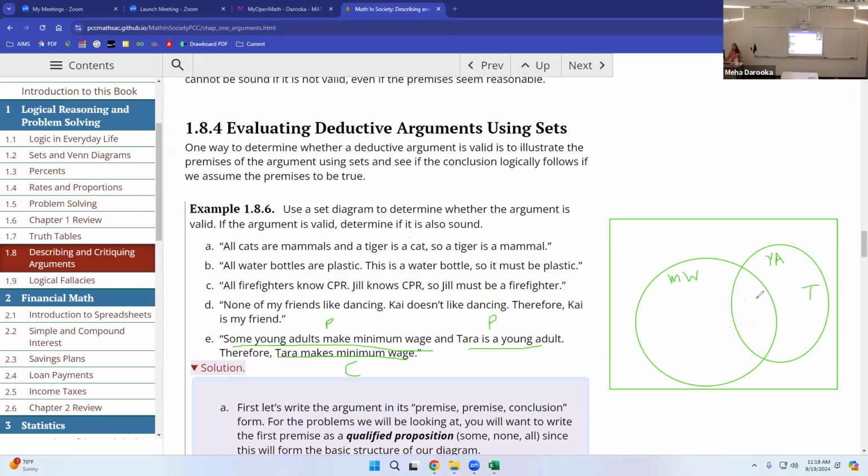But then, yes, I could be placing Tara in the overlap, which should be between the two. So there's multiple places where Tara can be placed. And so I think that is where I would say the argument fails.